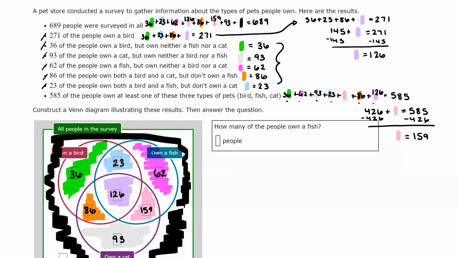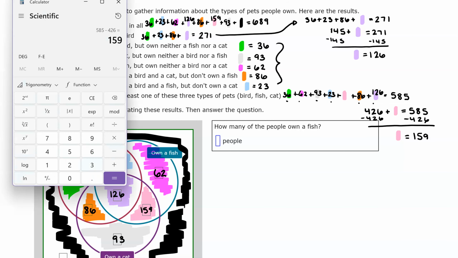Well, check out that top equation. Now there's only one thing that I don't know, and that's the black room. So I'm going to add up all of these things, 36, 23, 62, 126, 86, 159, and 93. And I actually already know what that's going to equal, but if you don't, that's okay. You can just do the math.